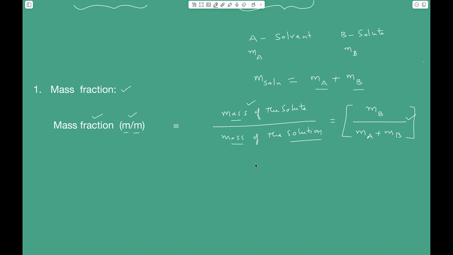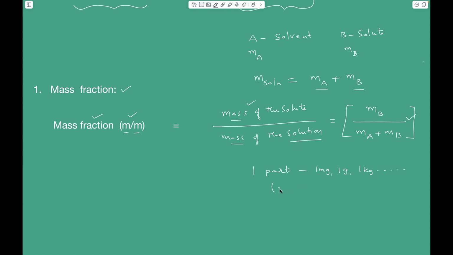Now, let us consider one part of the solution. What do you mean by one part of the solution? It could be 1 milligram of that solution, or 1 gram of that solution, or 1 kilogram of that solution, etc. That is what I mean by one part of the solution.